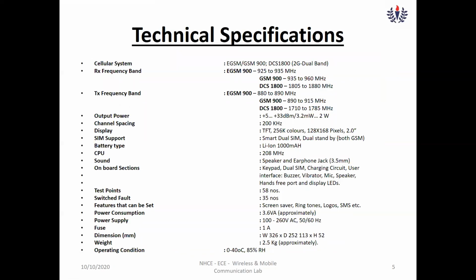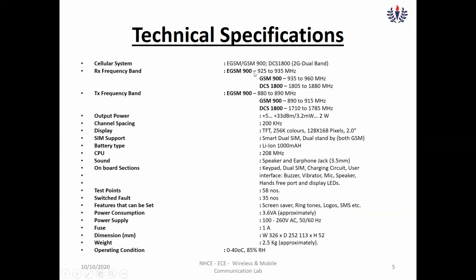This is a cellular system which works on EGSM. GSM means, as I said earlier, Global System for Mobile Communication, and EGSM means Extended Global System for Mobile Communication. There are three varieties of GSM standard: primary GSM, PGSM, defined as pre-GSM, and we have extended GSM, and then we have RGSM, which is used by railways.